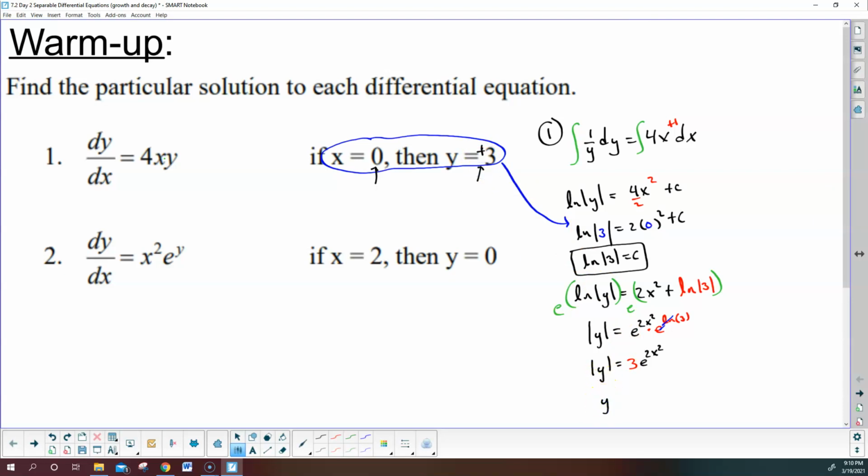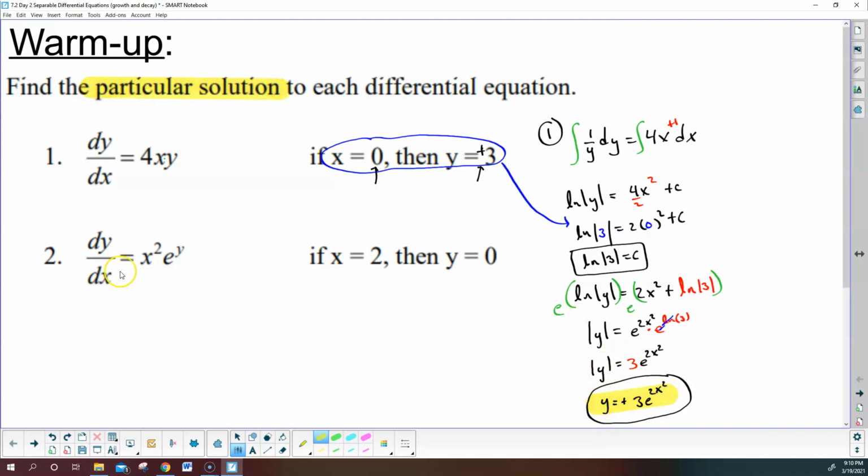So that means that this value is just the positive answer and not the negative side of it. Okay? Now, if this was a negative here, then this output would be negative, so I would use the negative value. So that's why we check the initial condition in our answer. But there you go. There is the particular solution for problem number 1.